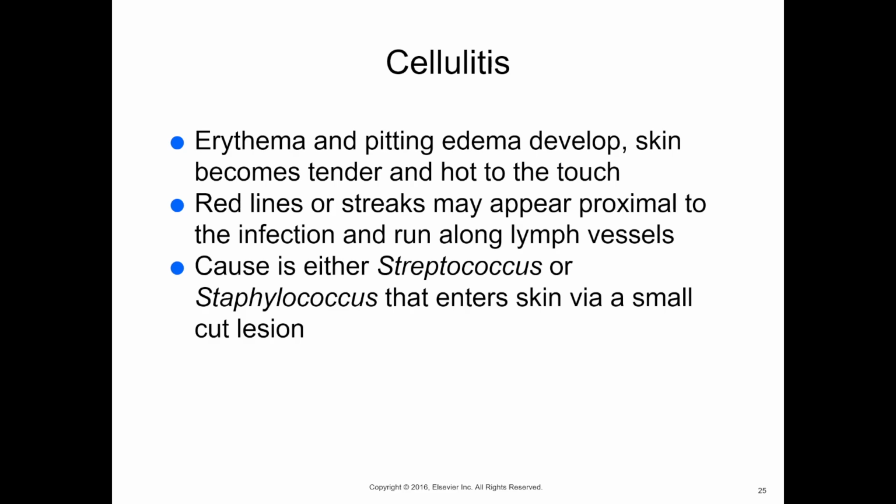Typically, this is caused by your Streptococcus or Staphylococcus bacteria that enter the skin. Those two bacteria are two of the biggest problems that we have as a human species. They absolutely love to get into the body and wreak havoc.